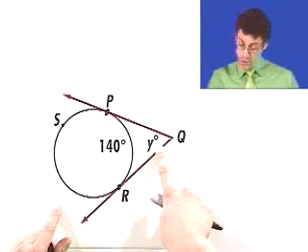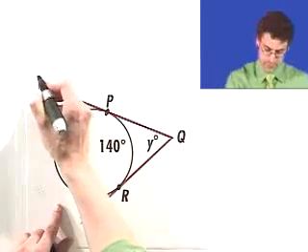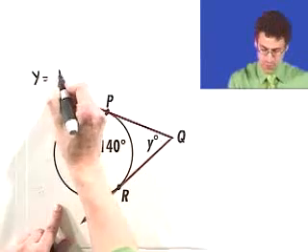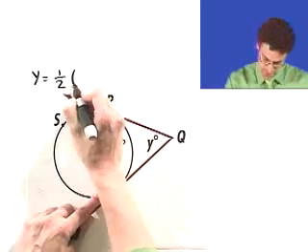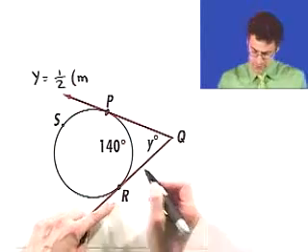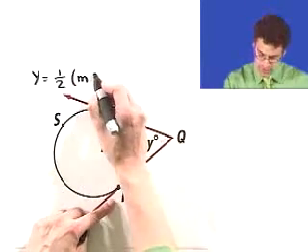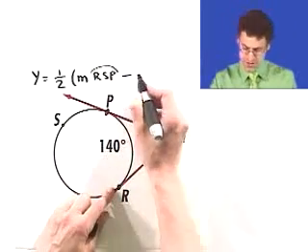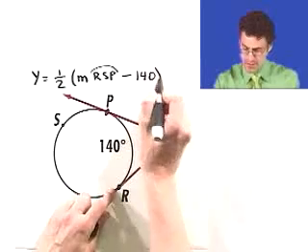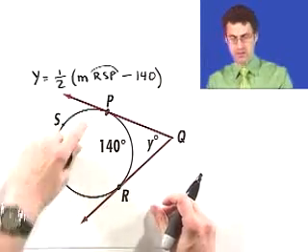Well, we know for sure that y is going to equal 1/2 this outer arc, which equals the measure of the arc RSP, minus the inner arc, which is 140. The question is, we don't know this arc.